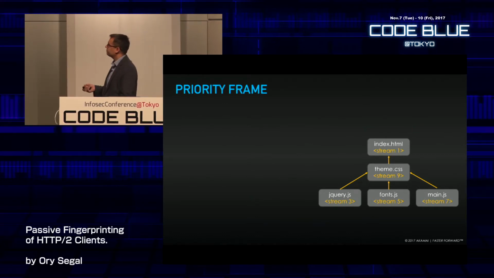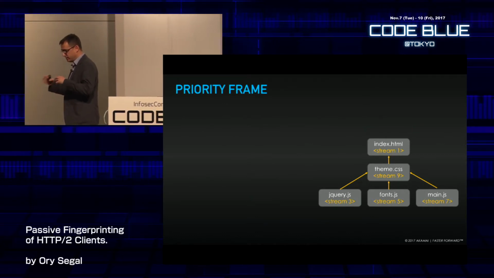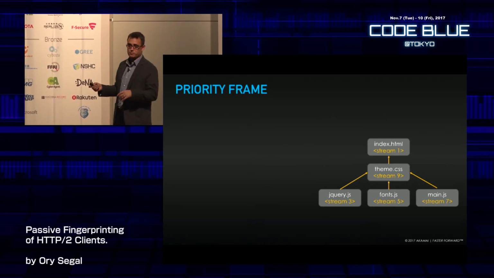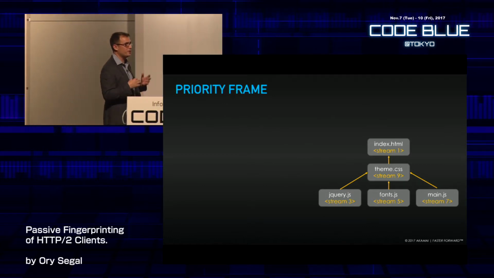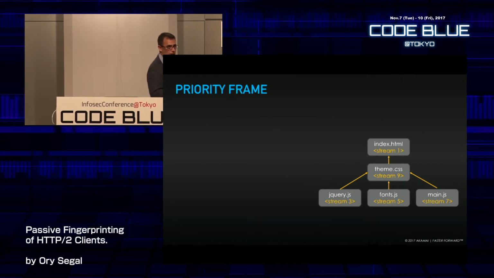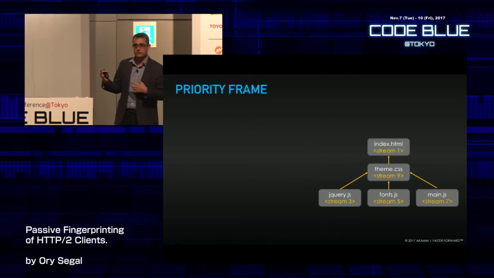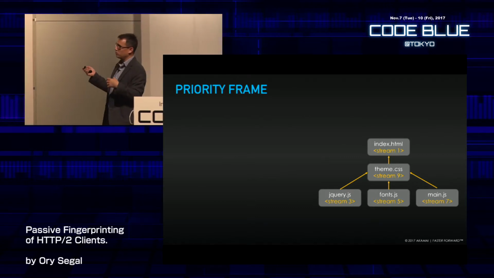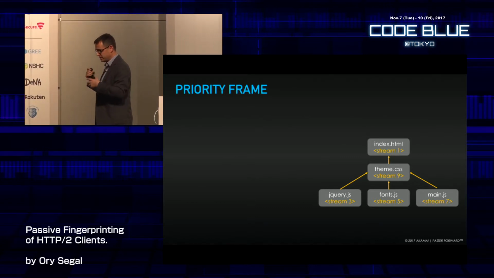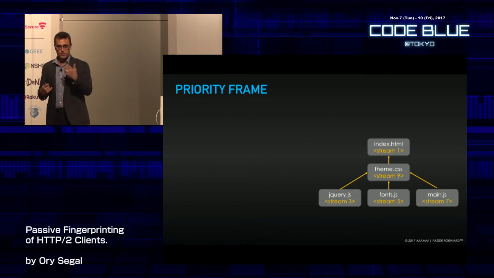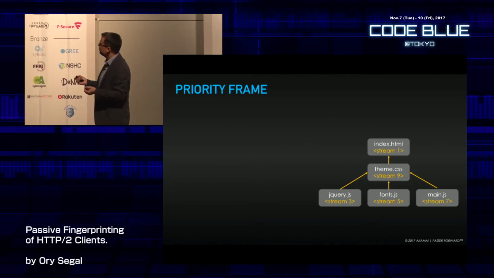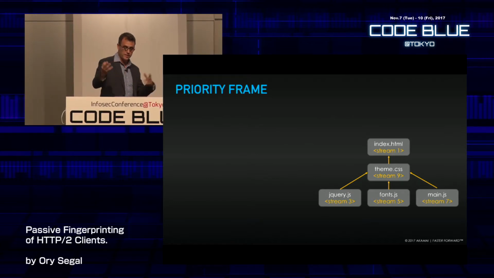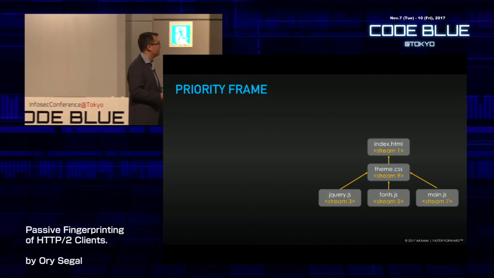Priority frame. Different streams can set different priorities. For example, if you have the main index page being transported over the first stream, you may want other streams to be dependent on that main thing. So you want to give priority and dependency to the streams. You want to start with the index.html, make sure that this gets the highest network traffic priority, and then the other streams that are responsible for the auxiliary files, the CSS files, the fonts, the JavaScript, and whatever.